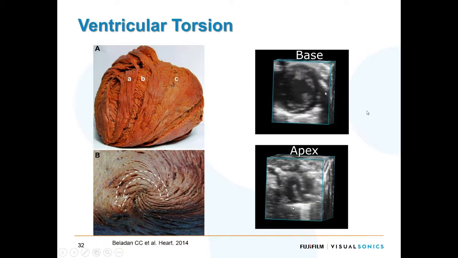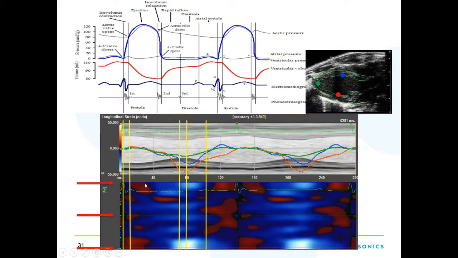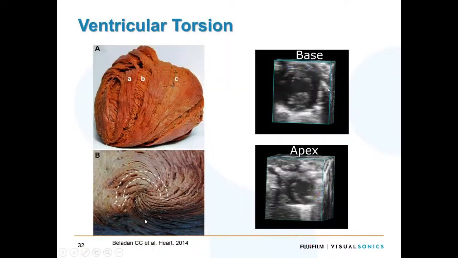And if we do 4D imaging, you can see that there is a difference in how the heart moves at the base and the apex. This is the wringing motion of the heart during systole. Every time it contracts, you have the opposing motion. And if I go back to the heat map, that's what we're seeing here. During systole, you have a change in direction of the basal segments compared to the apical segments. And so that's why that heat map in longitudinal looks the way it does.